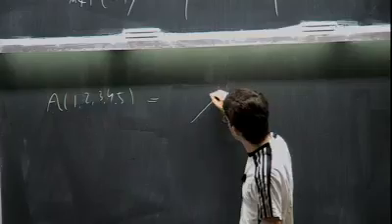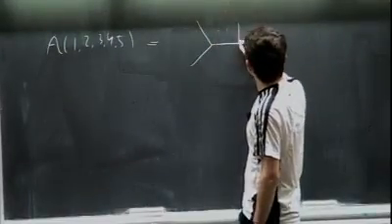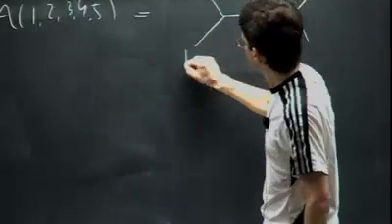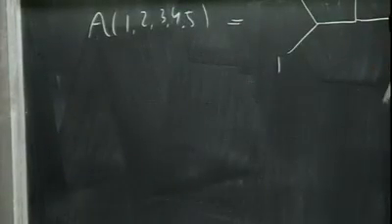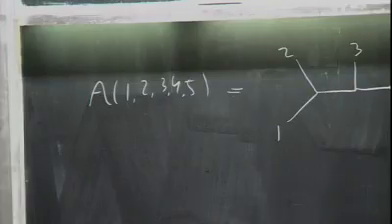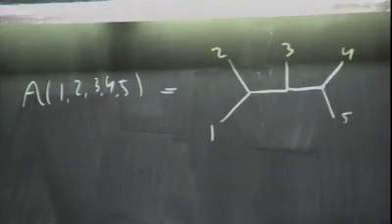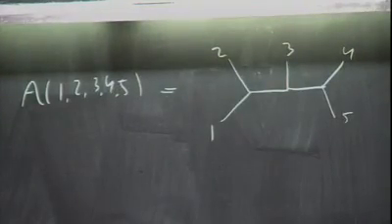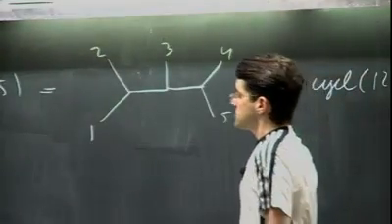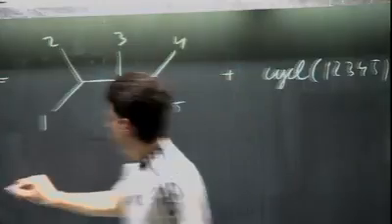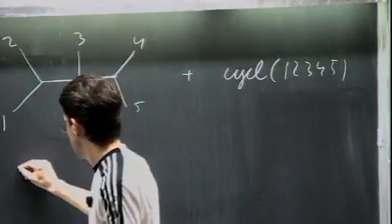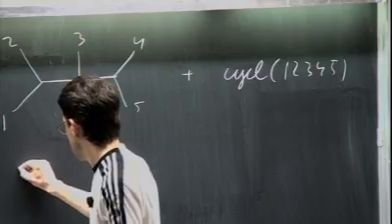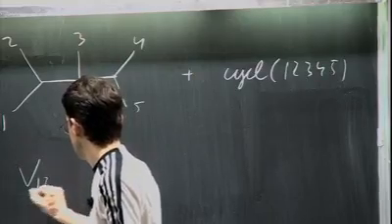Okay, so the 5-point amplitude can be described by 5 diagrams like this, cyclic 1, 2, 3, 4, 5. And after you play a bit with these, you can come up with the following ansatz.